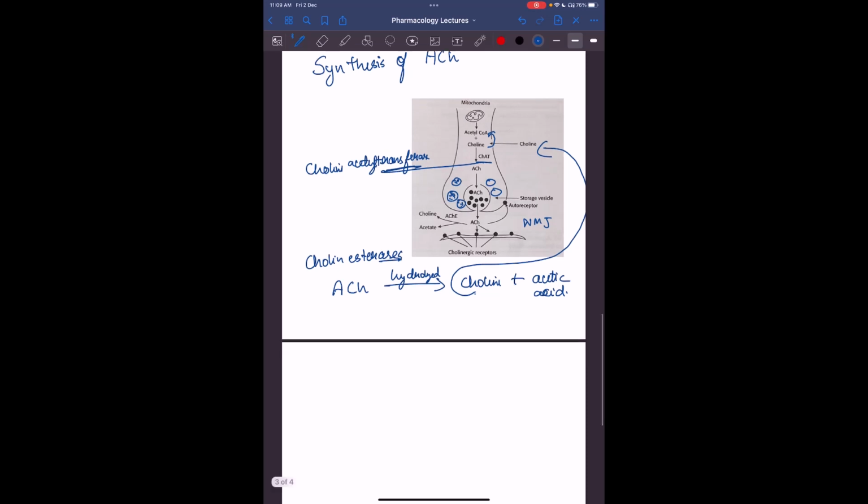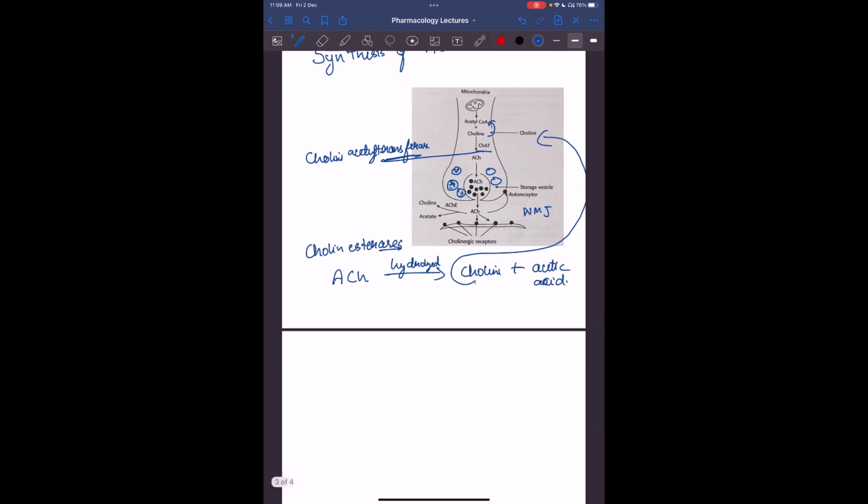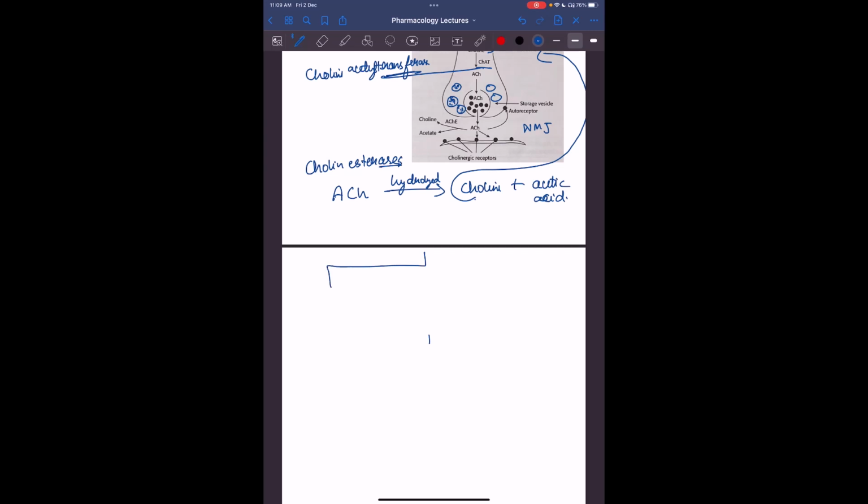Based on this cholinesterase, there are two types of cholinesterases: true cholinesterase and pseudocholinesterase, also known as false cholinesterase, but pseudocholinesterase is the technical term.